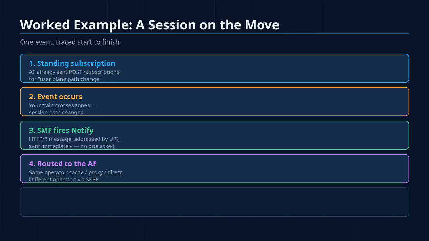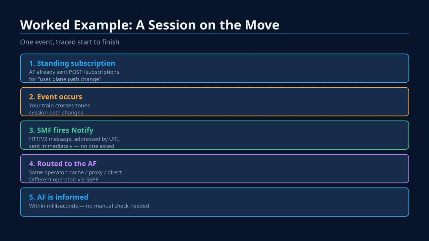It's handed to the SEPP, wrapped up securely, carried across the operator boundary, and unwrapped by the peer SEPP on the other side before it's delivered. Either way, within milliseconds, the application function knows your path changed, all without a single manual check, all because one subscription and one well-addressed HTTP2 message did the entire job.